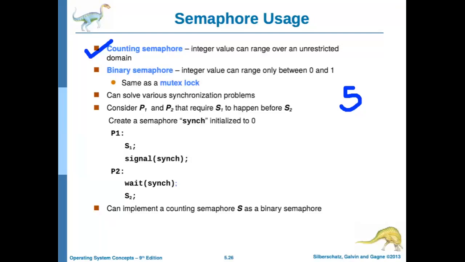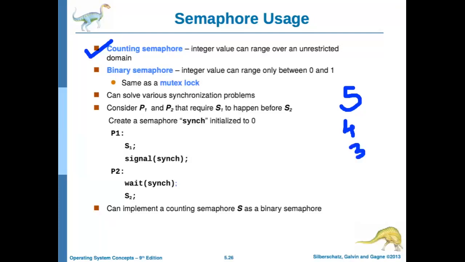So access to a printer is granted. Another process comes, it will also decrement, it becomes 3. Access to the next printer is given. The previous printer is already in use, because 5 printers are there, so I initialize the semaphore to 5. I don't want to restrict it to 0 and 1 only.